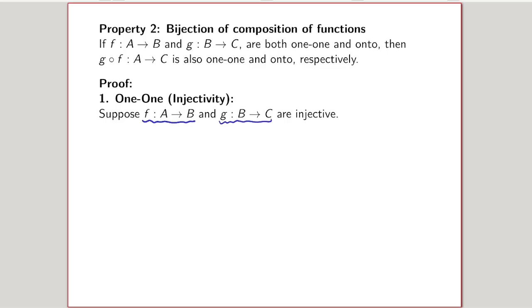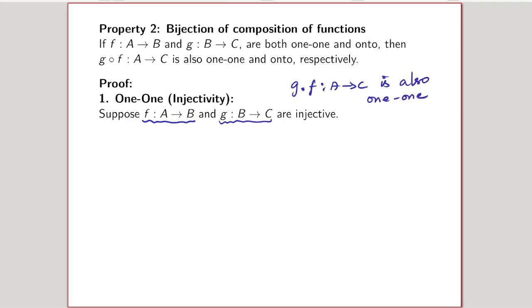Suppose we assume these two functions f from A to B and g from B to C are injective. Now we are going to prove g composition f from A to C is also 1-1.